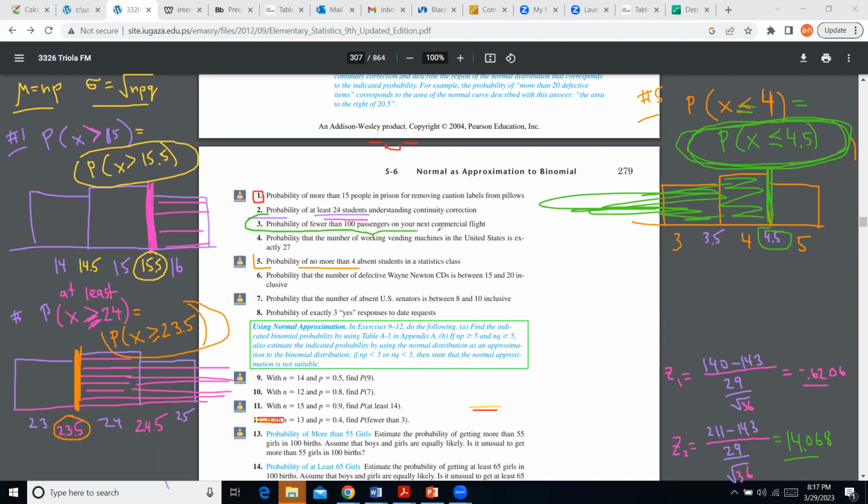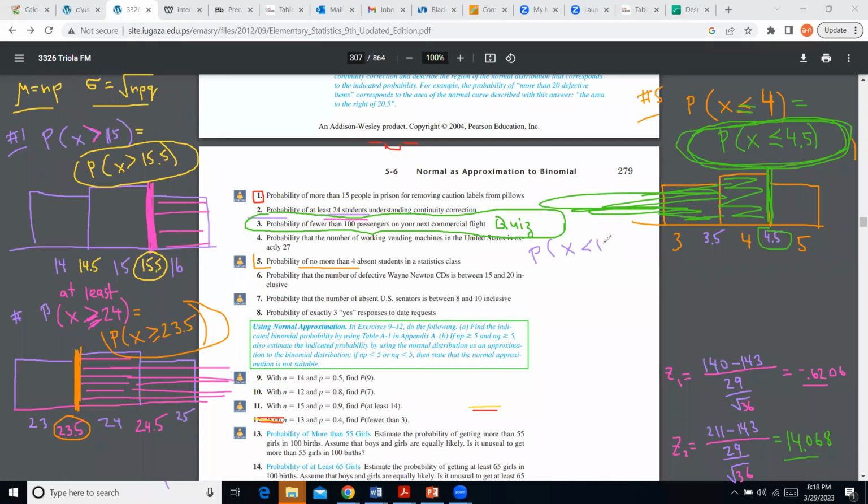So the question to you, how about exercise number 3 for a quiz, a little quiz for tonight? So can you also tell me how you're gonna approximate this? So they're asking about the probability of fewer than 100. Fewer means less.